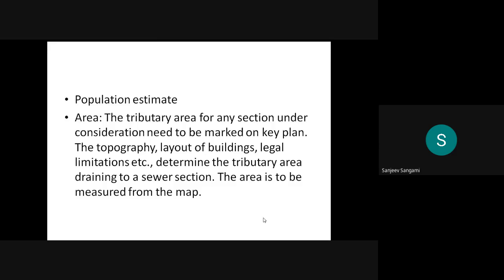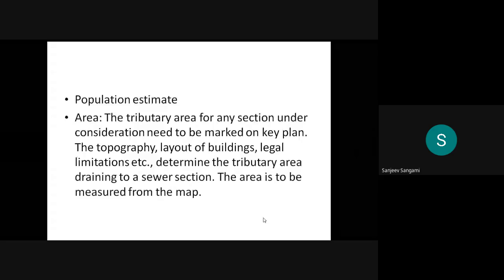First we'll start with the population. If that is going to be wrong, then normally the whole thing is going to be wrong. So whenever you are designing, be careful with the population forecasting, because we are designing it for 30 years. Then go ahead with the further steps.